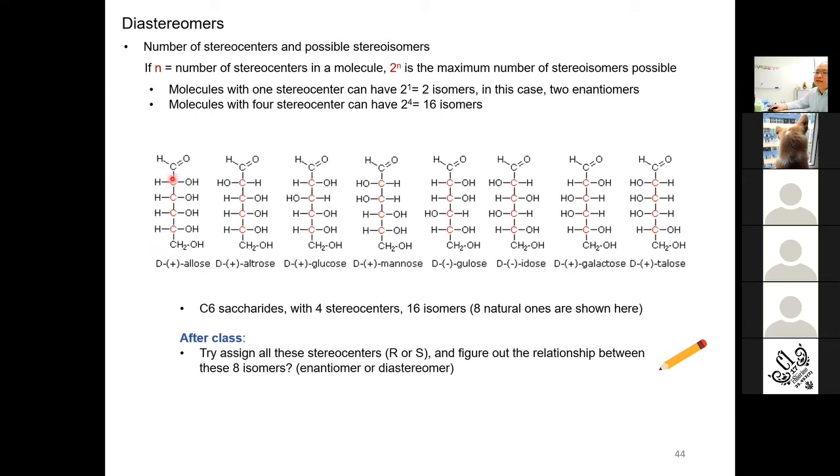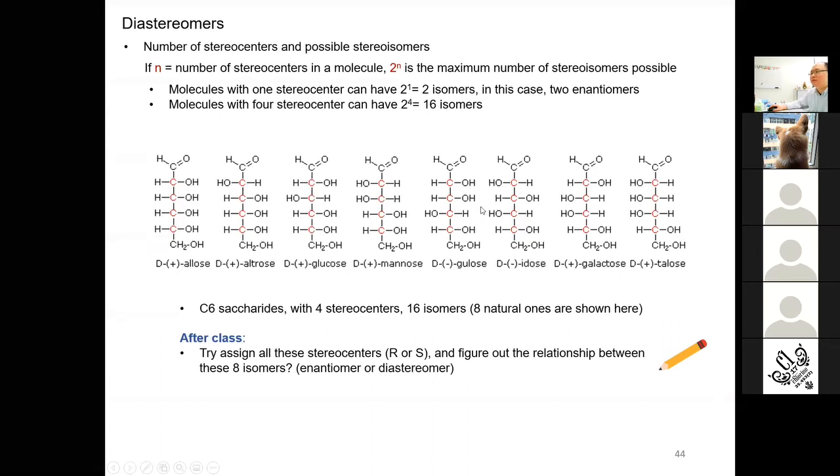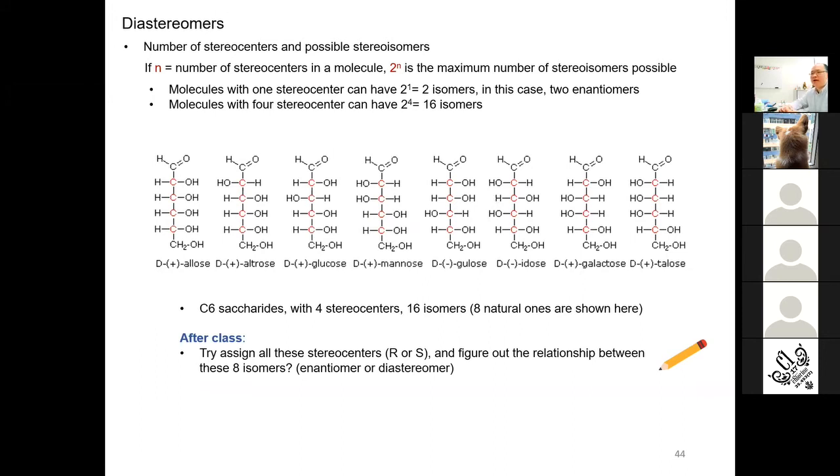Can you assign the specification R or S of this carbon, or this carbon, or this carbon? If you are not quite familiar with this, it's a big workload because you have to assign 4 times for each, 32 in total. It's very good practice for you to apply the CIP rule and get familiar with the concept of R and S specification. So don't miss this opportunity.